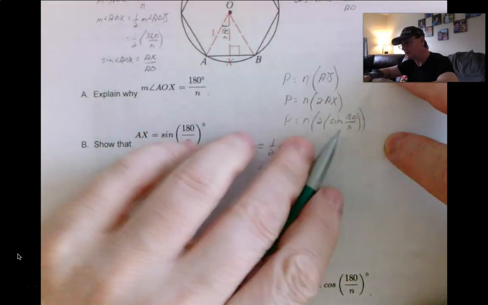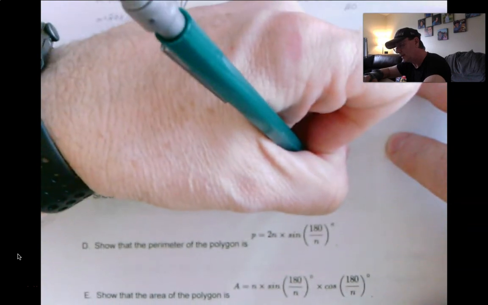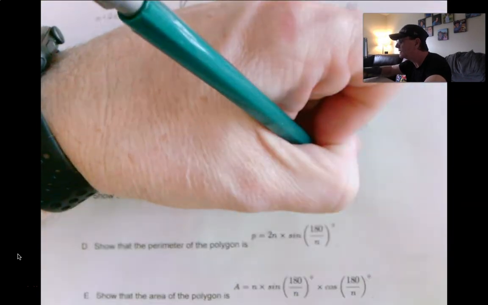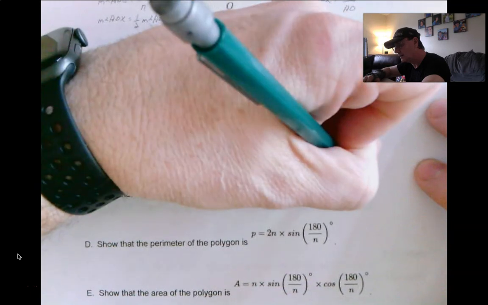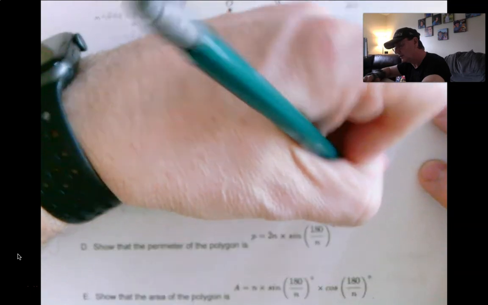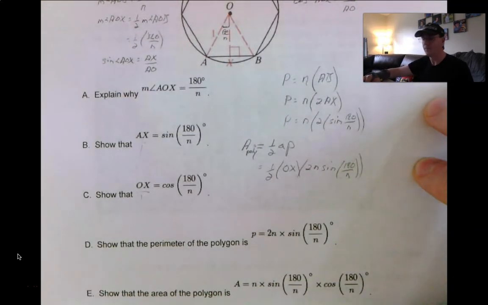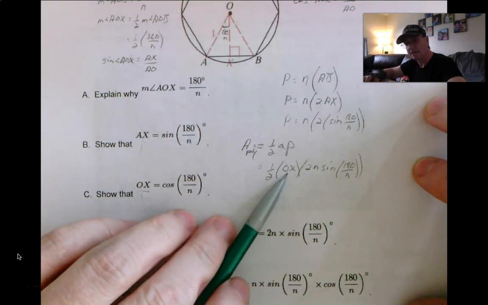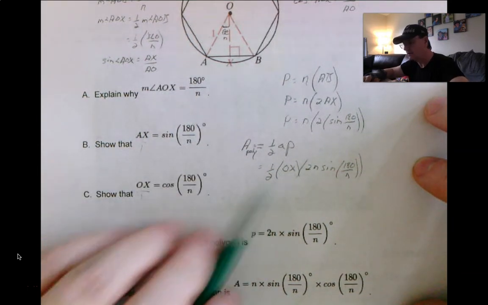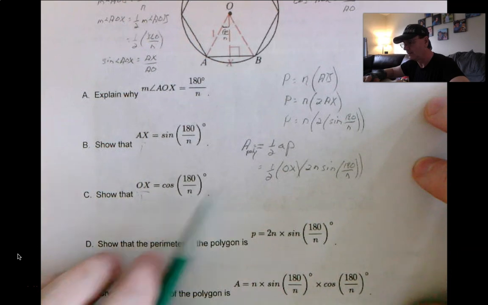And the perimeter we just came up with is 2n sine of 180 over n. OX is cosine of 180 over n.